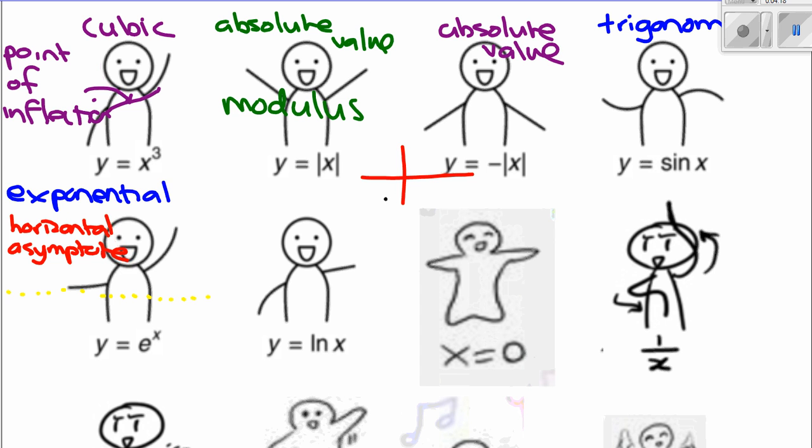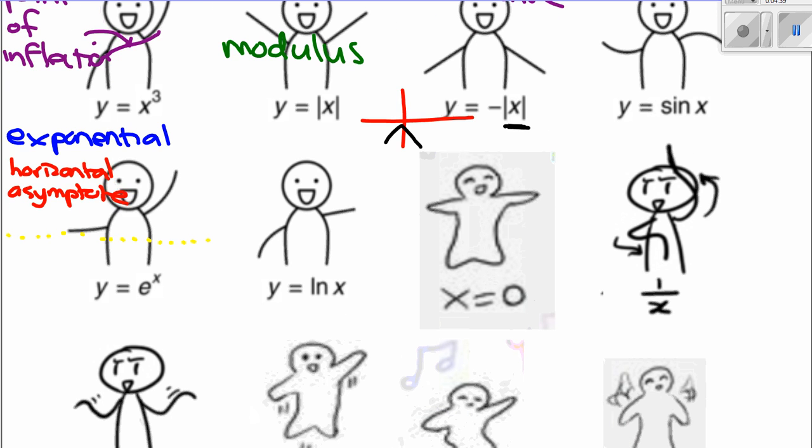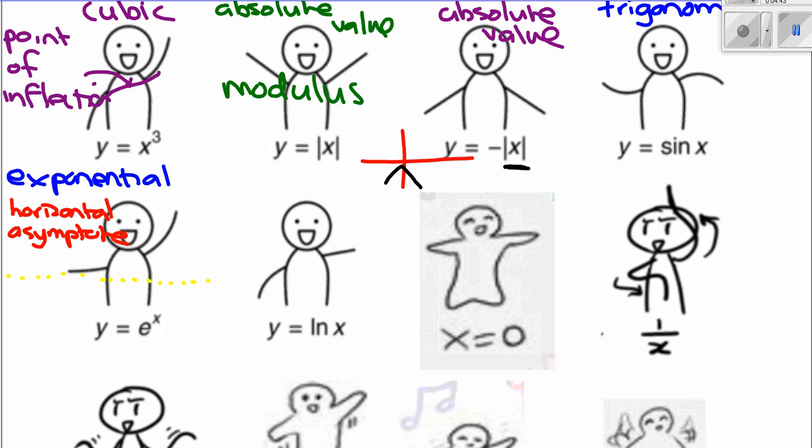The absolute value part is just this part, and then they take the negative of that answer. Absolute values have to be positive. They do negative 1 times your absolute value. There's an invisible 1. So there is no such thing as a negative absolute value. What they do is negative 1 multiplied by the absolute value, and that's how it ends up flipping down.